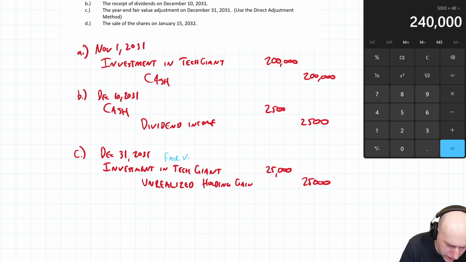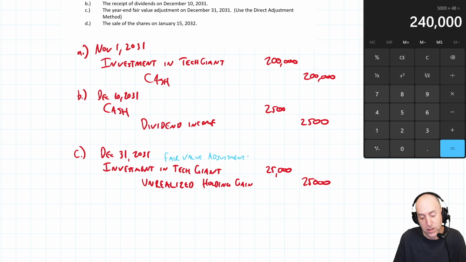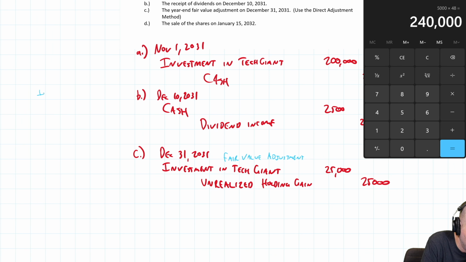fair value adjustment. And it's sort of like a contra asset account. Well, when you debit it, it's called an adjunct account. On the financial statements, they're going to go investment in TechGiant plus any fair value adjustments equals investment net. And our investment nets out here, $200K plus $25K. Now, our fair value adjustment could be a credit and could be negative. And so it's $225K, and we end up in the same place, right?